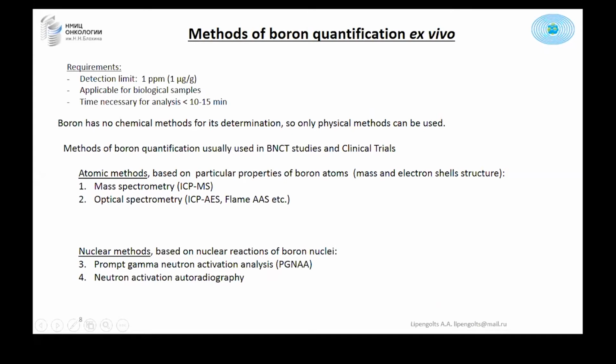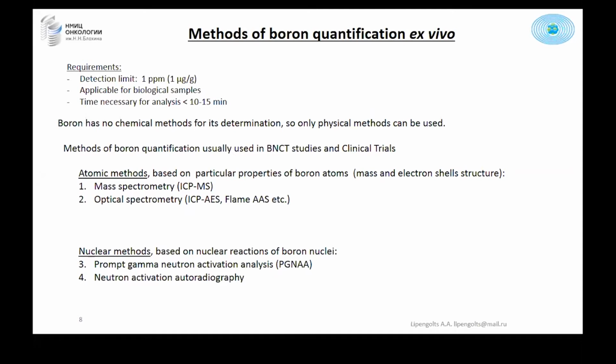I would say a few words about methods which are used for boron quantification. For BNCT, it's necessary to detect boron in concentrations higher than 1 ppm. The method should be applicable for biological samples.